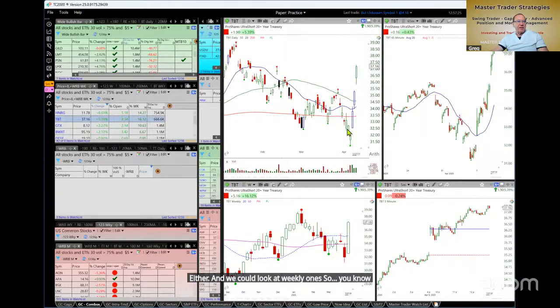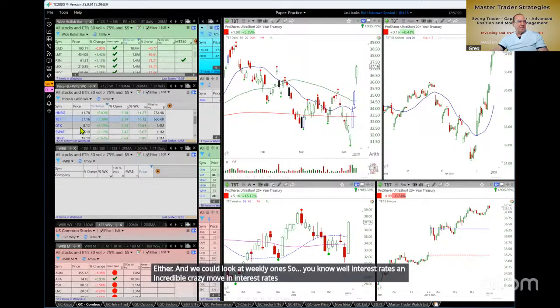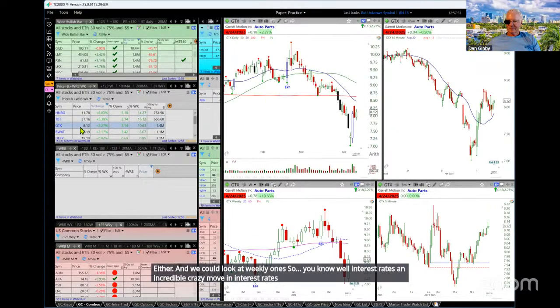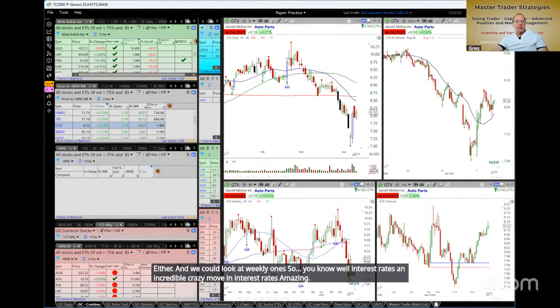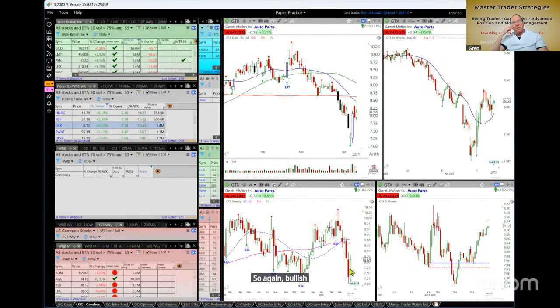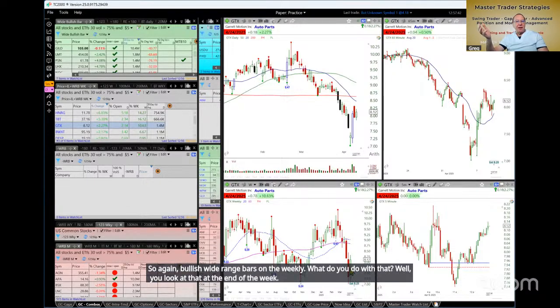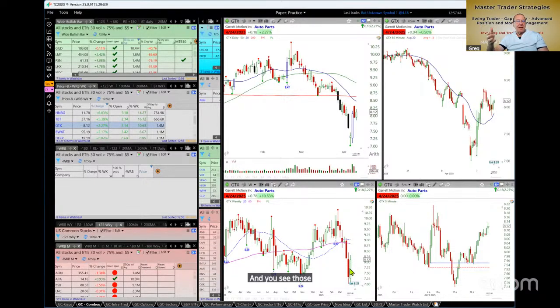Well, interest rates, an incredible, crazy move in interest rates. Wow. Amazing. So again, bullish wide range bars on the weekly. What do you do with that? Well, you look at that at the end of the week and you see those, and those things could be setting up. You have to understand multiple time frames.